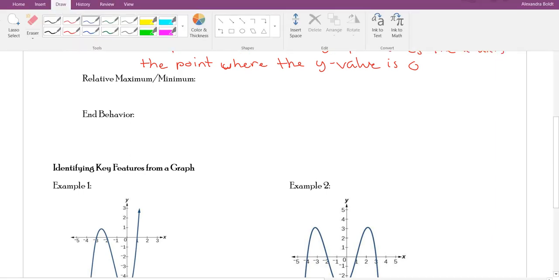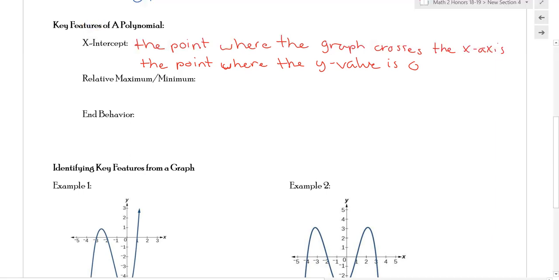The relative maximum or minimum. So it's either the highest or lowest, depending on which one you're talking about. Depending on the maximum, it's the highest. Minimum is the lowest. It's the y value on a certain section of graph.